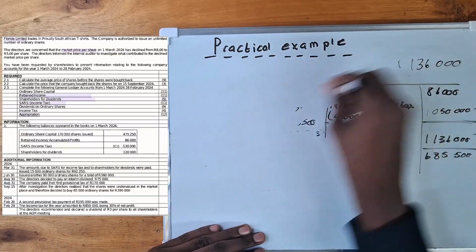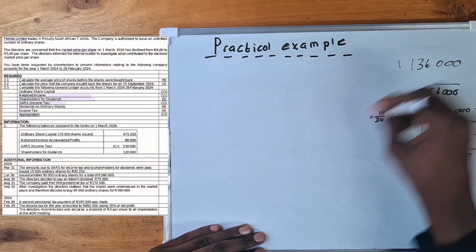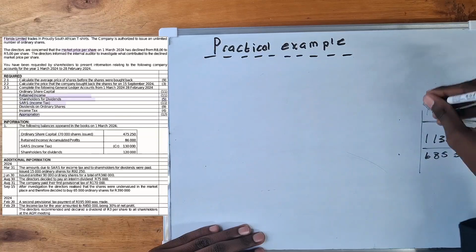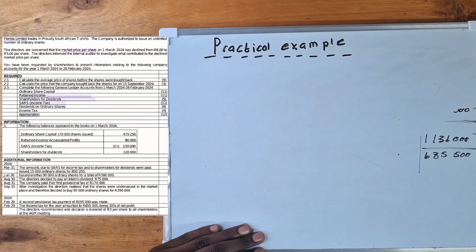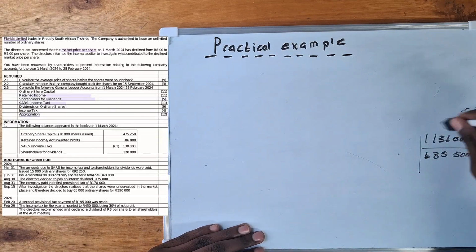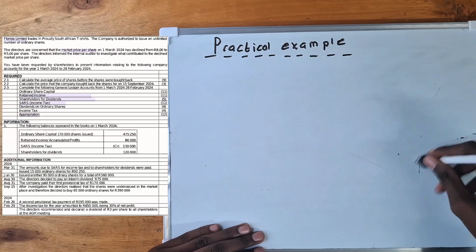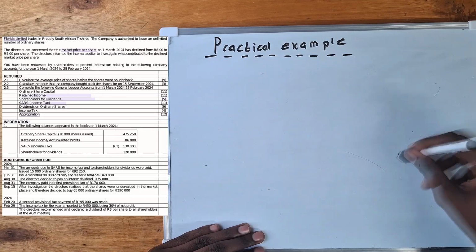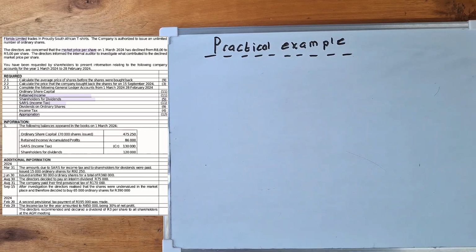So we are now moving on to the next one, which is going to be the shareholders for dividends. Now this one is pretty easy and pretty straightforward, right? As indicated with my formulas.